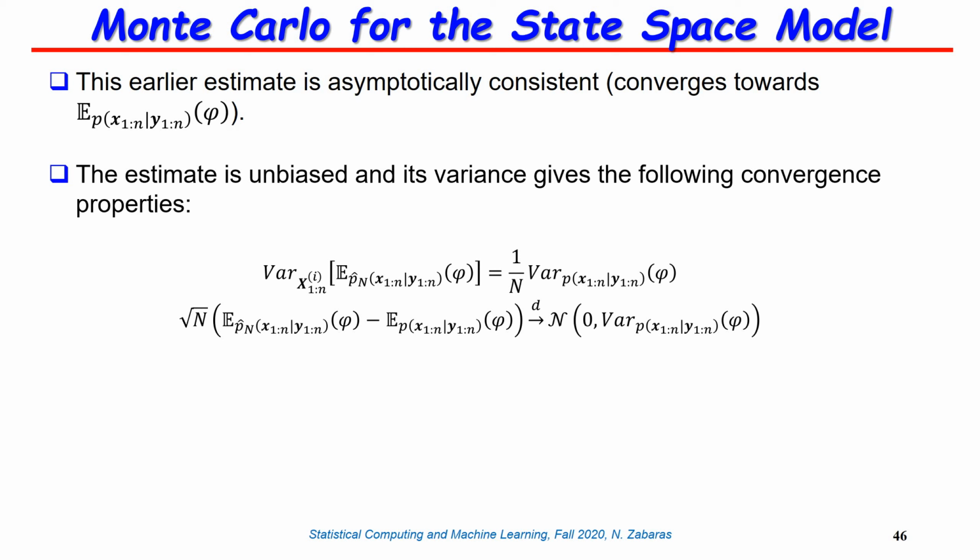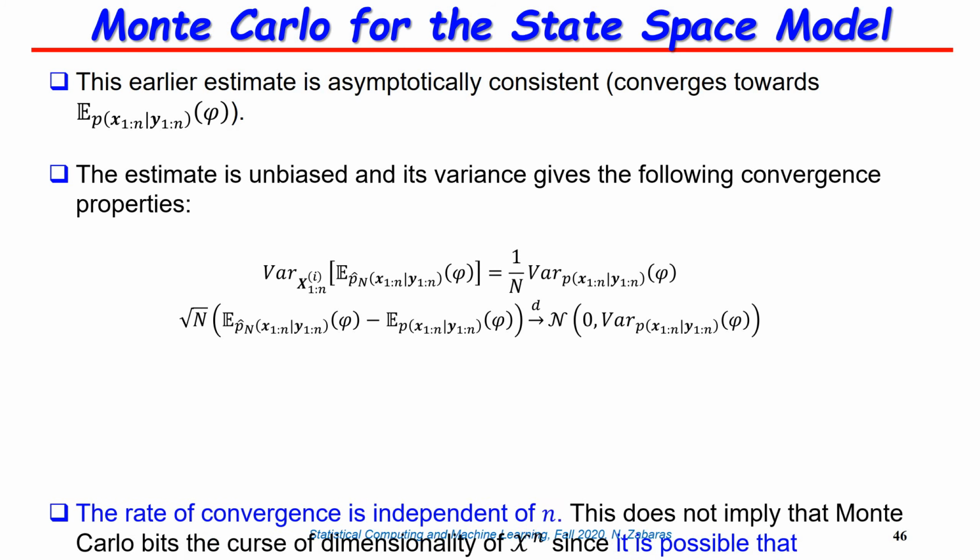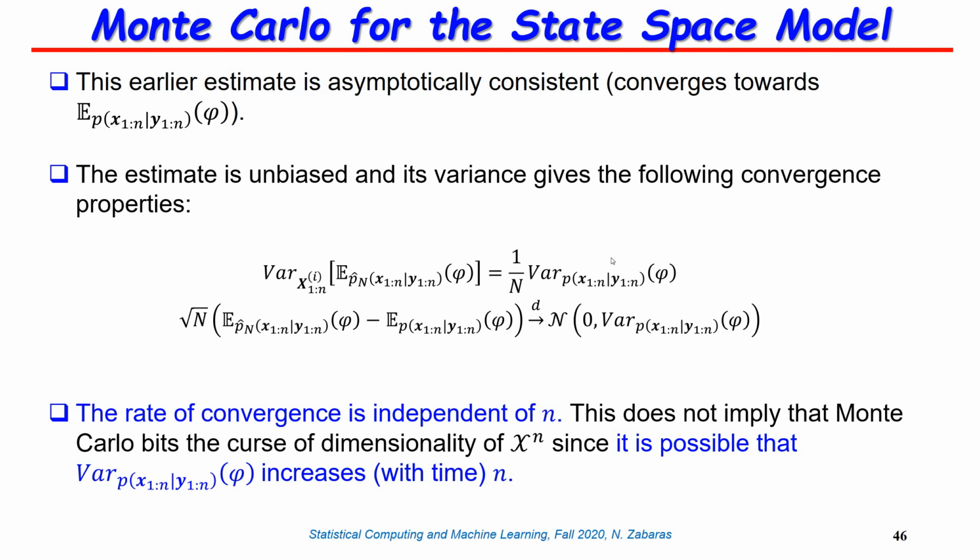Now, somebody can be excited that somehow we have solved our problem, and our dynamical problem gives us a rate of convergence that is independent of little n. The problem, however, is that this variance under the target distribution, as we will see, will increase exponentially with time n. So this type of approximation is not going to be useful for a dynamic setting.